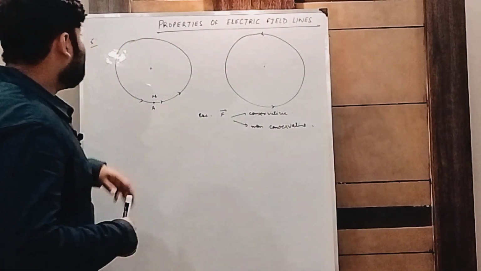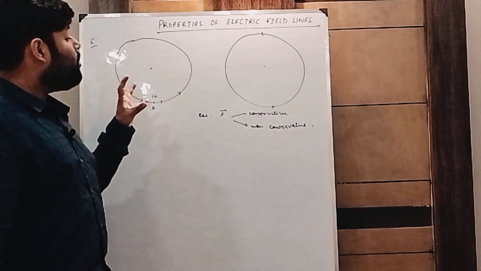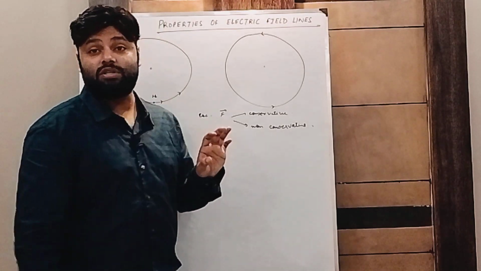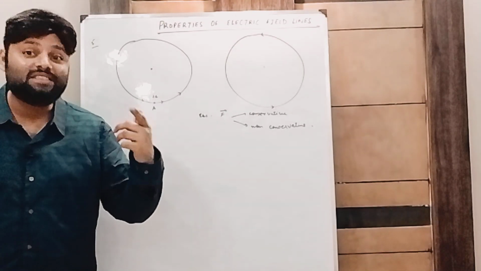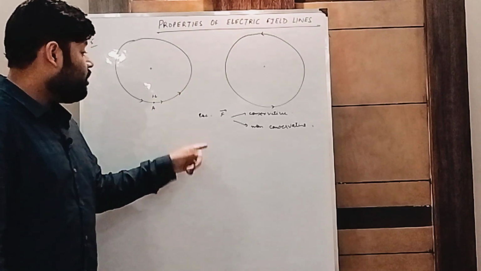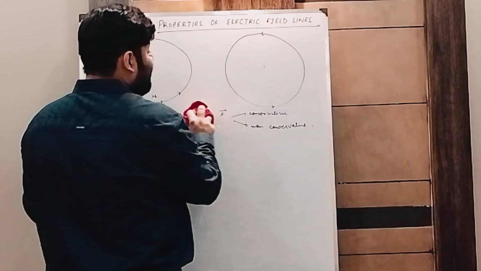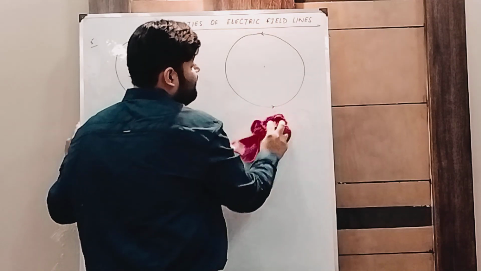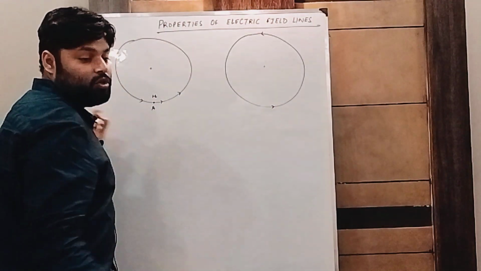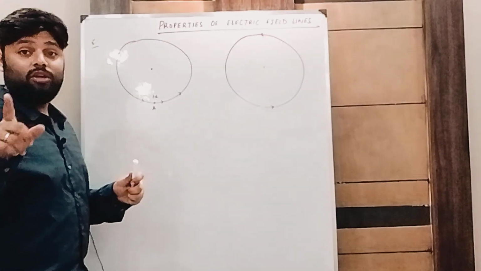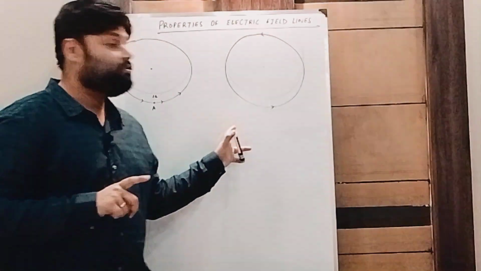Okay, now in electrostatics 1, you are told that electrostatic force is a conservative force, and because it is a conservative force, it is a property of a conservative force that work done in a conservative force will always be zero. Okay, now this is a property of conservative force.